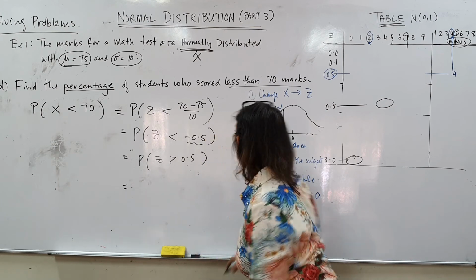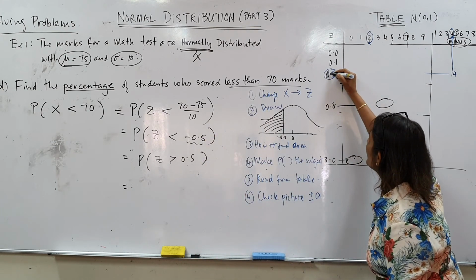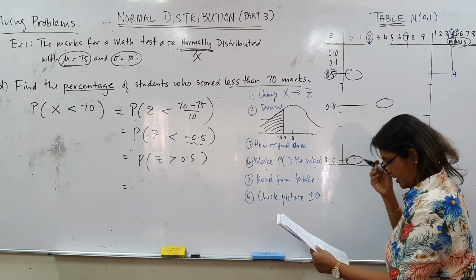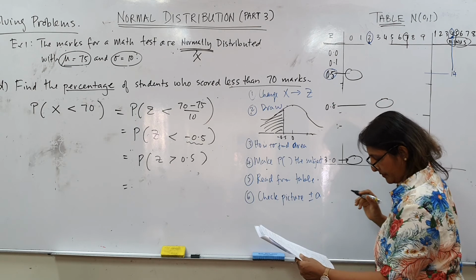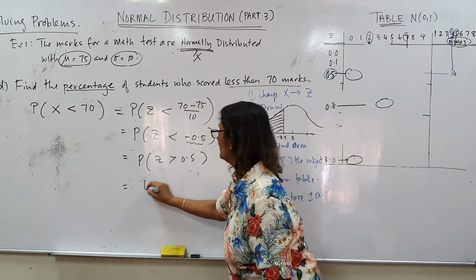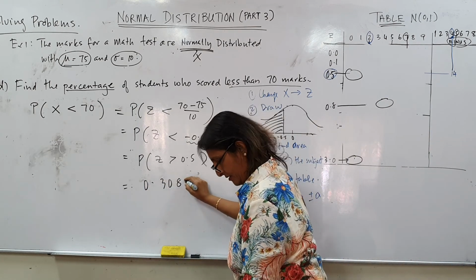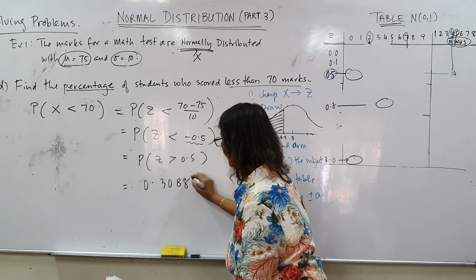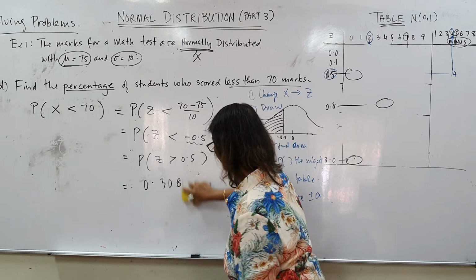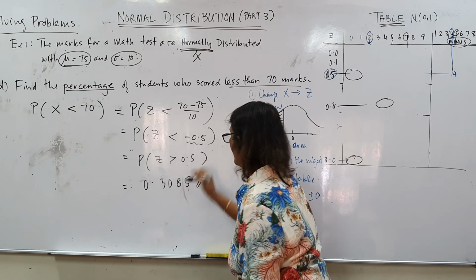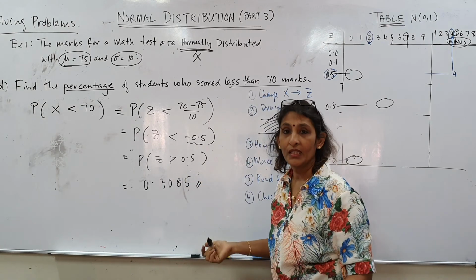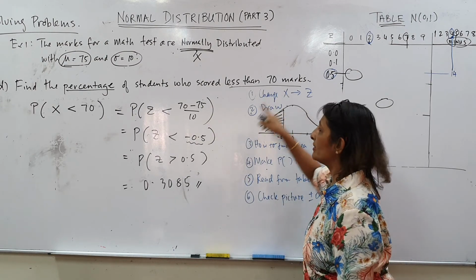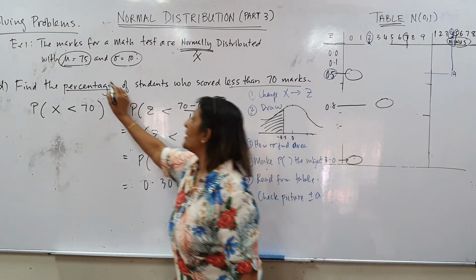Then you read from the table. Just look for that 0.5. You read for the first value down here, and you get 0.3085. Okay, this is your answer. Now this is the probability of a student who scored less than 70 marks, but they are asking for percentage.